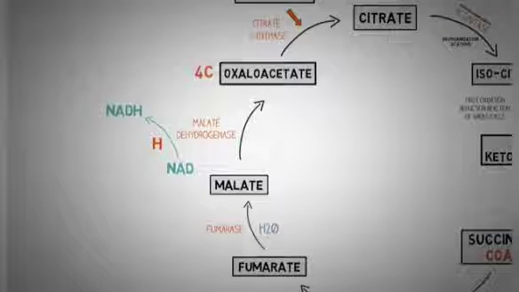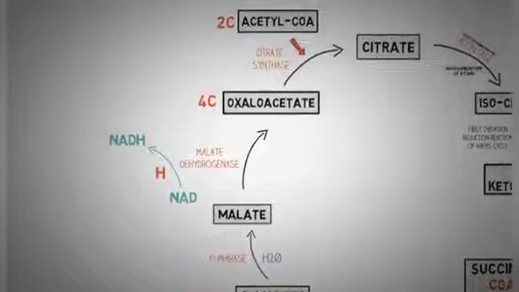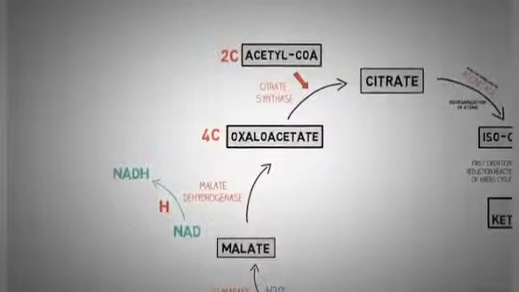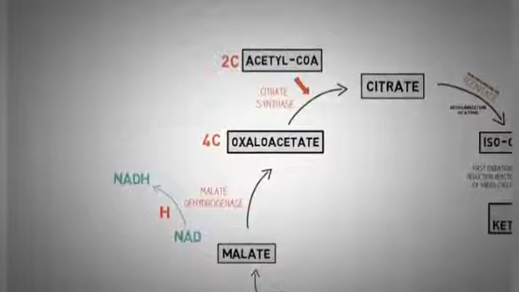Now you may ask why NAD gets reduced here and not FAD, because like I told you earlier, the free energy change for compounds at the end of the cycle is less as compared to that at the first half of the cycle. Well, this was the exception that I was talking about.